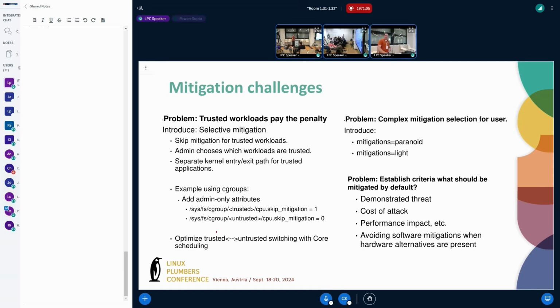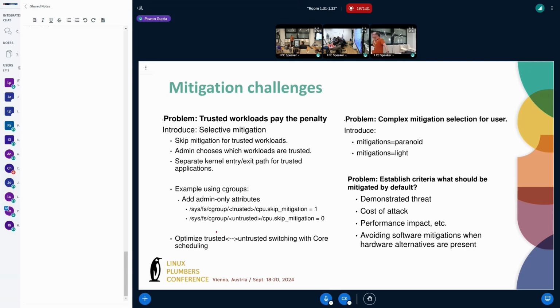I'd like to ask, are the mitigations required if the user is the only user on the machine, but he runs JavaScript in a web browser? In that case, we don't want to treat the browser as a trusted entity because it can run untrusted code.